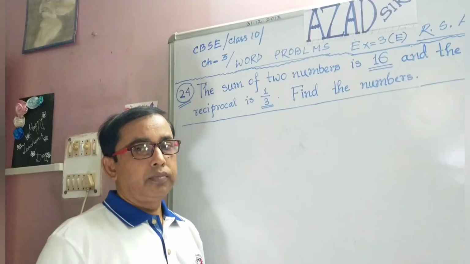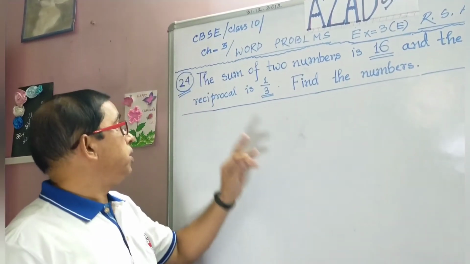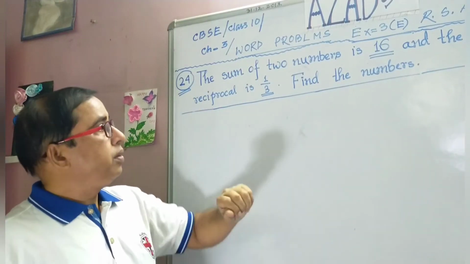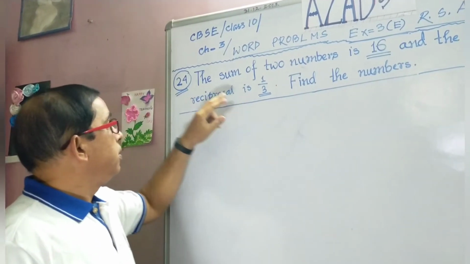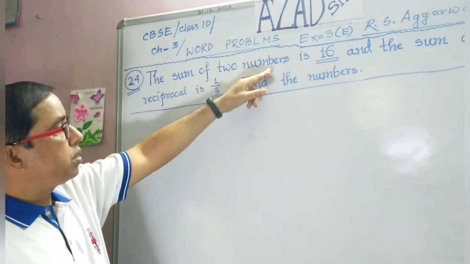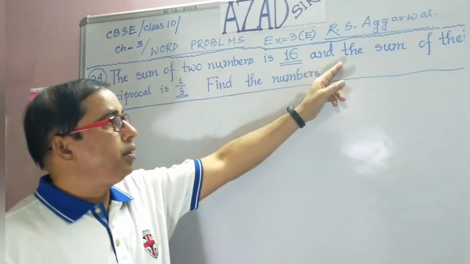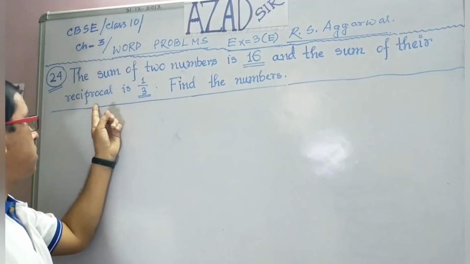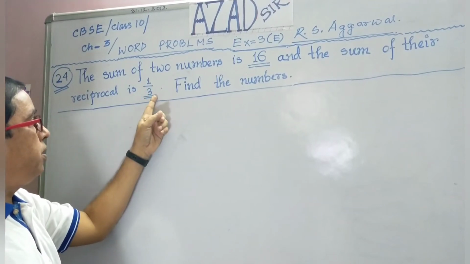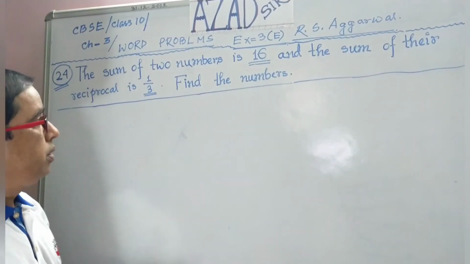Solution 21. Now the problem number 24. The problem is the sum of two numbers is 16 and the sum of their reciprocals is 1 by 3. Find the numbers.